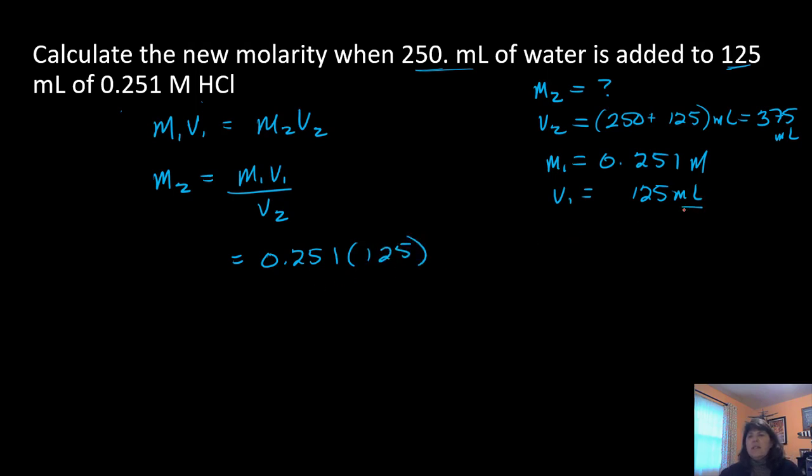If this is in milliliters and that's in milliliters, you're fine. As long as your volume units are the same, you're good to go. Our second volume then was 375. Get my handy dandy calculator. 0.251 times 125 divided by 375.